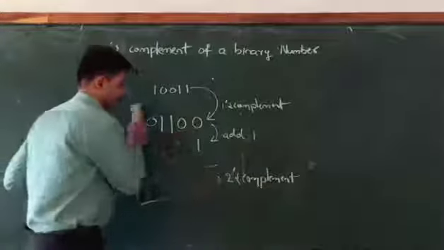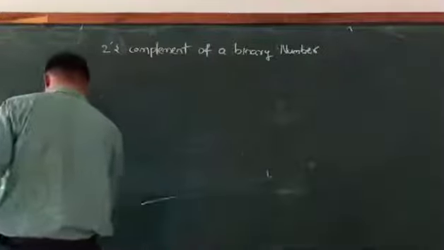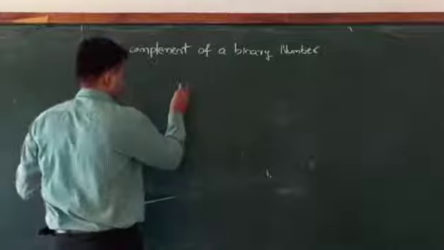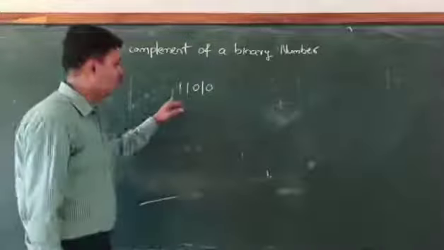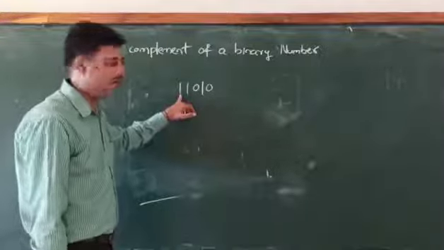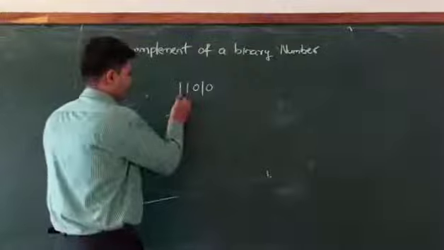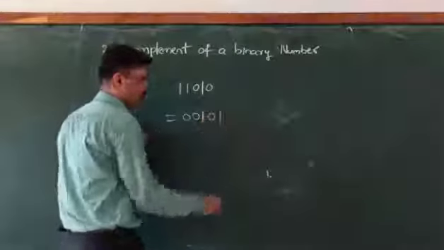Take another example. Find the 2's complement of the given binary number. First we need to convert it to 1's complement. That is 0 0 1 0 1.